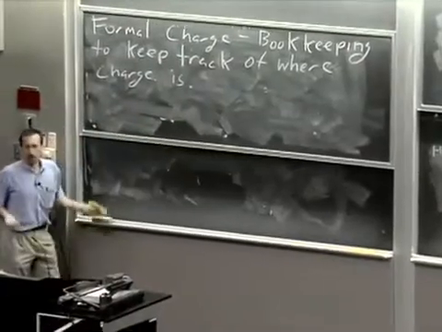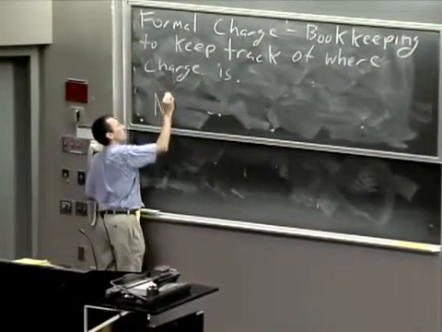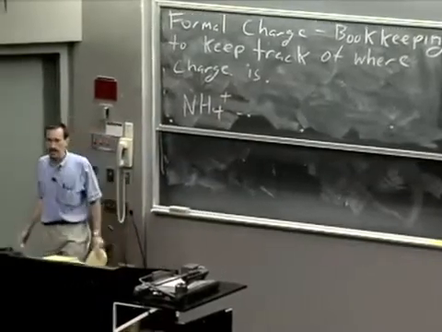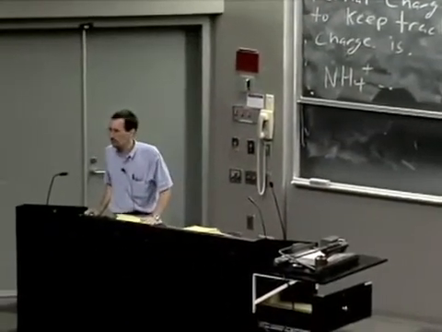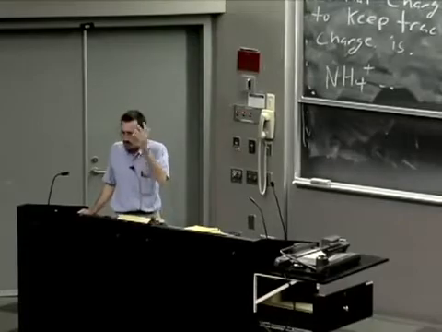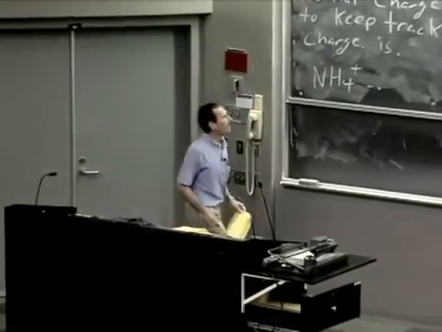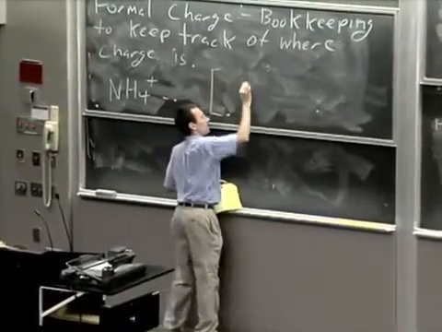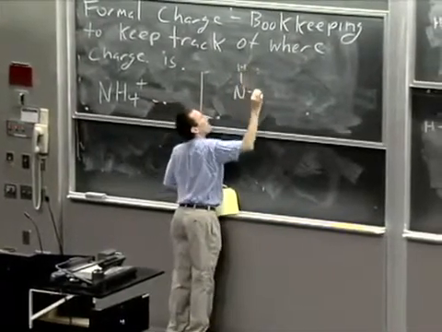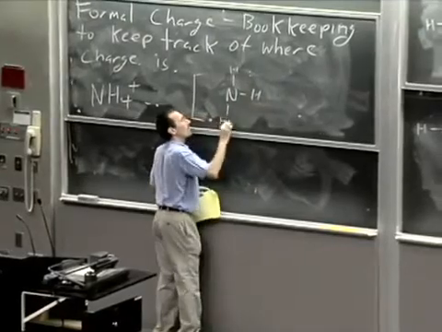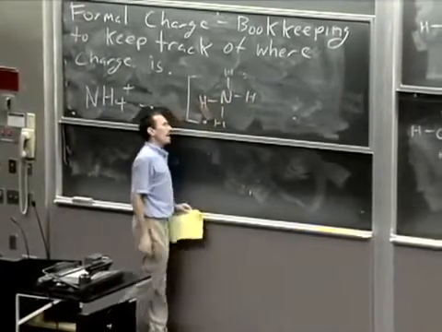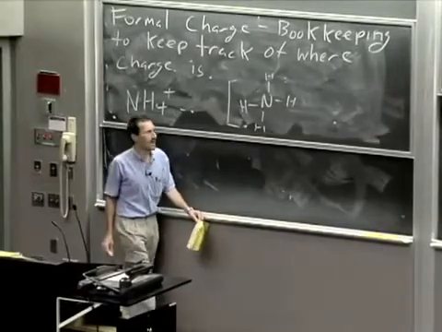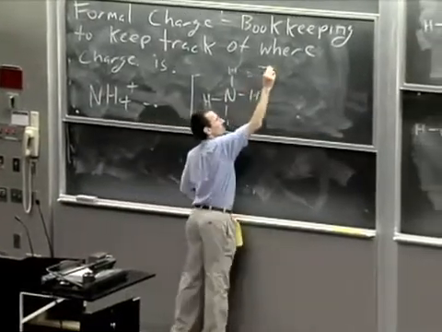So for example, probably since your very first quarter of freshman chemistry, you've seen NH4. What do we call NH4 plus? Ammonium ion. And if we expand that out to a Lewis structure, we have 8 valence electrons, which we share between the nitrogens and the hydrogens.